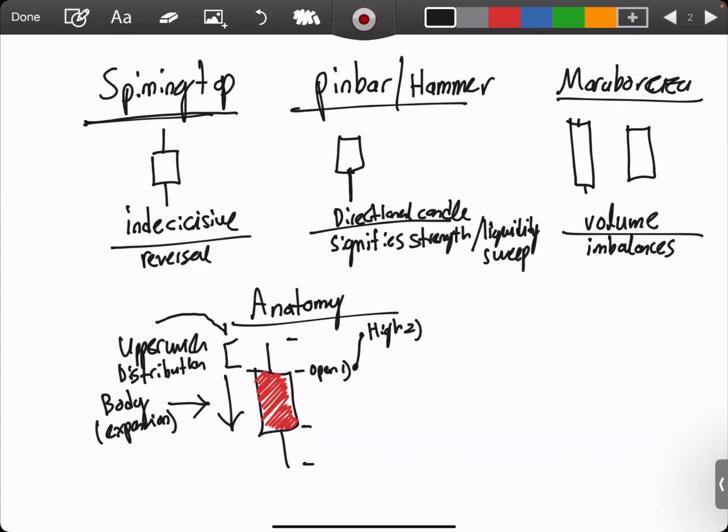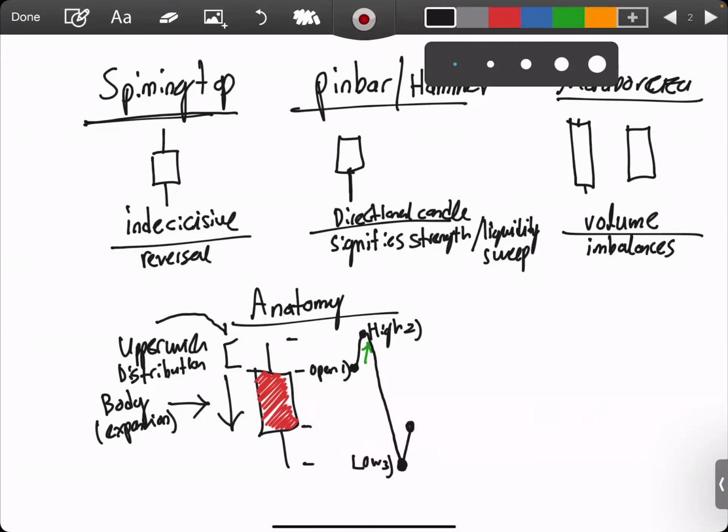But within the general anatomy of the candle, we know that the open is the initial part where the candlestick starts. For the bearish candles, price pushes up to create a high. After that, price gets exhausted and gets pushed all the way back down for our expansive move to create that low for step 3, and then comes right back up to close for step 4.